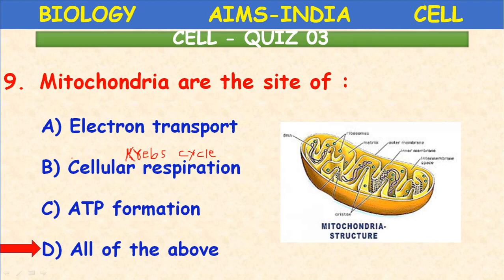All these together, three steps, are called cellular respiration. So here the answer is all of the above. Mitochondria are the sites of electron transport and Krebs cycle, during which ATP formation takes place, energy produced in the form of ATP. So this is called cellular respiration. That's why mitochondria are called powerhouse of the cell.